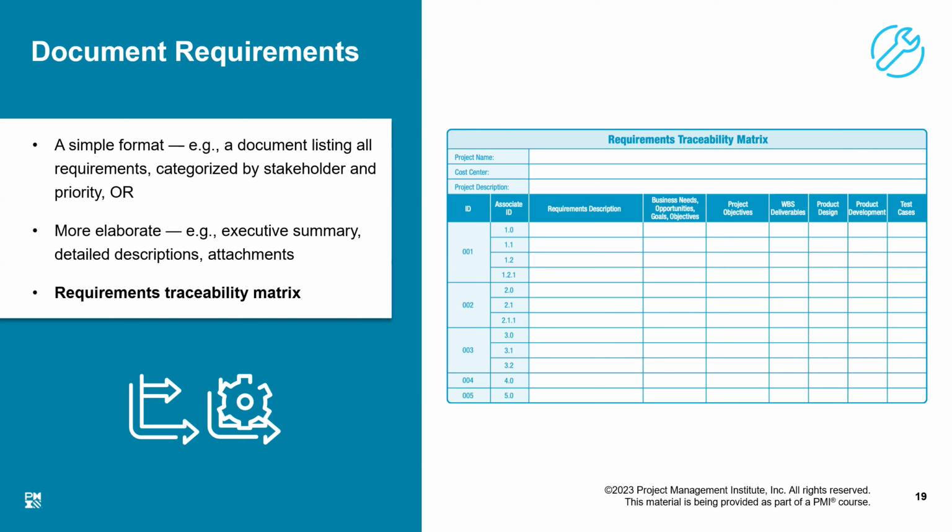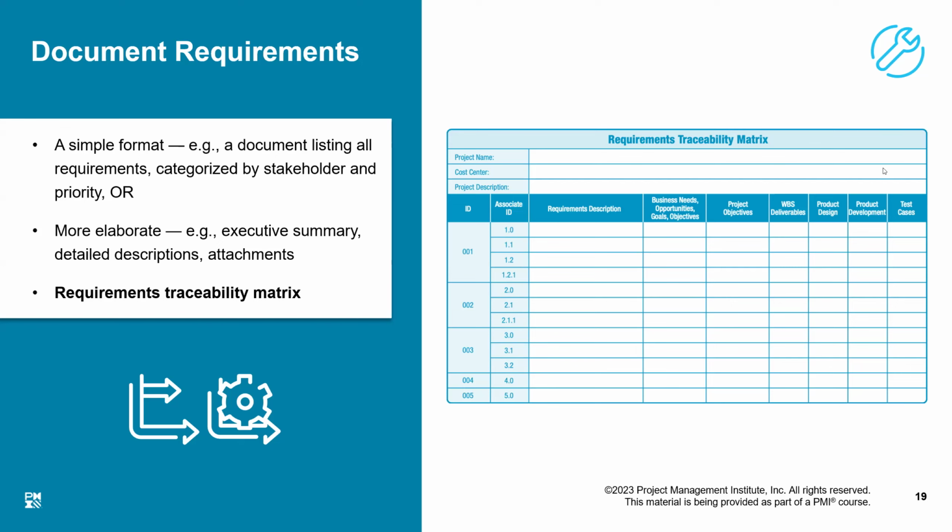Now, why do we call it a traceability matrix? Because it keeps a record of who originated this requirement, why was this requirement originated, what was the business need, opportunities, goals, and objectives this requirement satisfies. Then which of the project objectives, like scope, time, or cost, will this requirement affect?